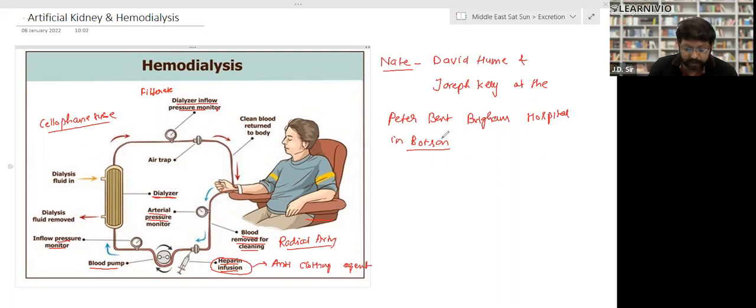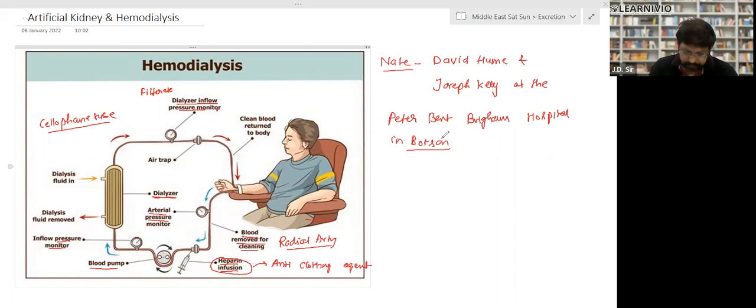In artificial kidney, filtration of the patient's blood takes place. Full stop. Next point.